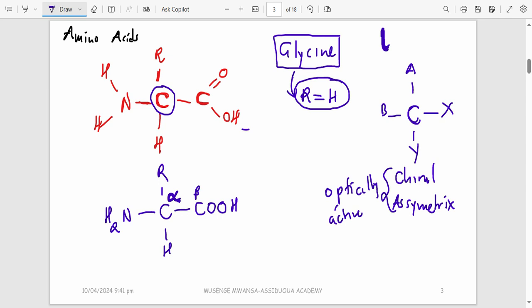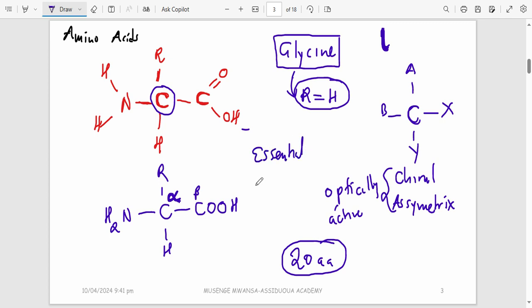So we've already mentioned the simplest amino acid, which is symmetric, okay, and it is optically inactive. So we've talked about that. And we are saying that we have 20 amino acids. How do these 20 amino acids differ? They differ by the R group, just the R group. Now, of the 20 amino acids, you are going to have amino acids which we call essential.